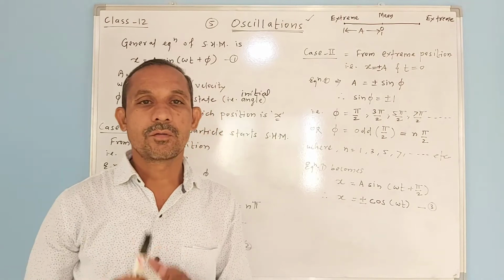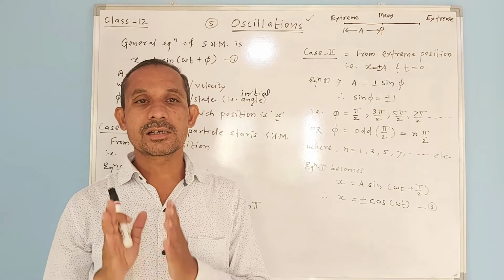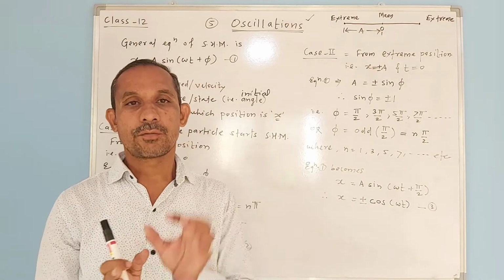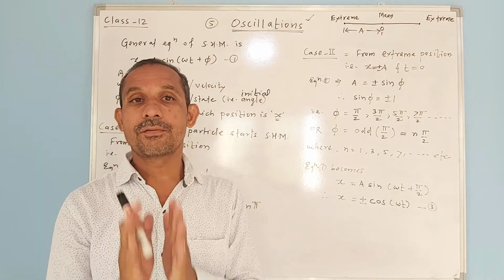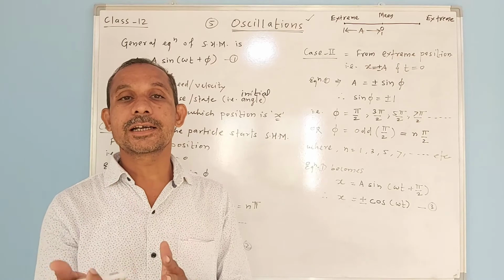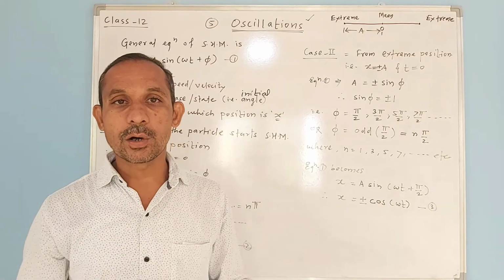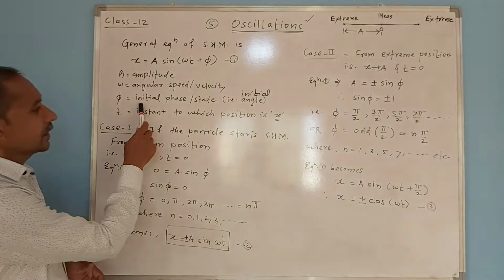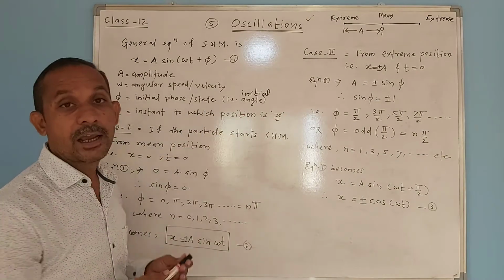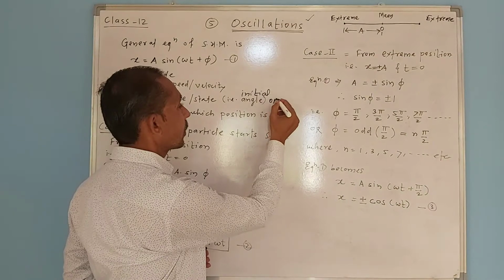It means when the body or particle starts its motion from a certain position, then the state, phase or angle related to that starting point is called the initial phase, initial state, initial angle or epoch.